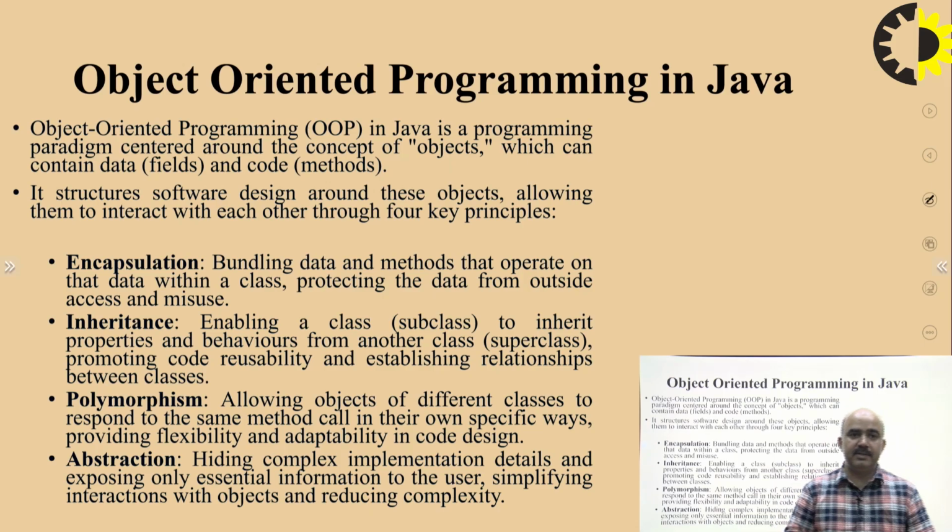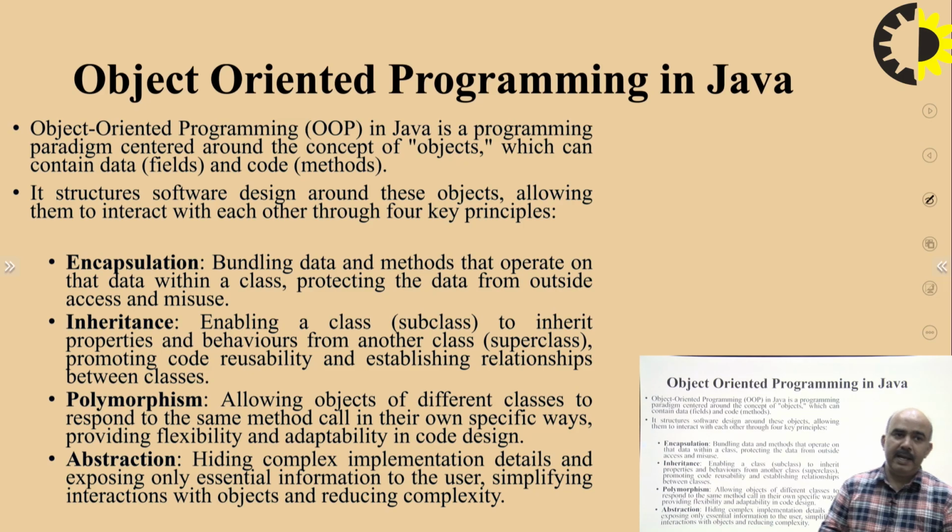Polymorphism means, as the name suggests, same name and many forms, in which we can have the same name of methods and they have different parameters depending upon the requirements. So, they allow different classes to respond to the same methods in their own specific ways. So, they provide flexibility and ability in the code design.